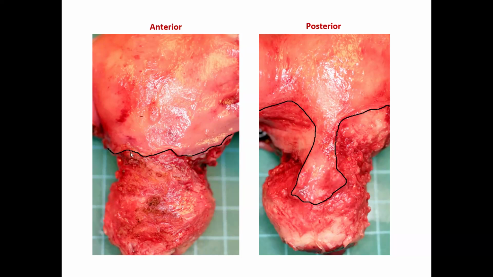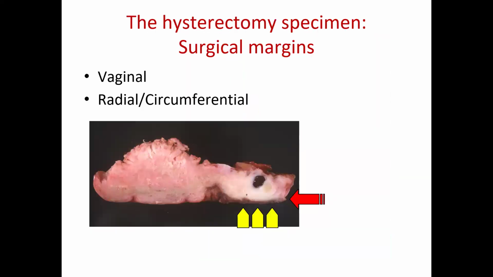The serosal reflection is high anteriorly, but is very low posteriorly. And all of this anterior surface is going to be the surgical margin, but posteriorly, the surgical margin is limited really to the very, very bottom part. This uterus is cut sagittally.